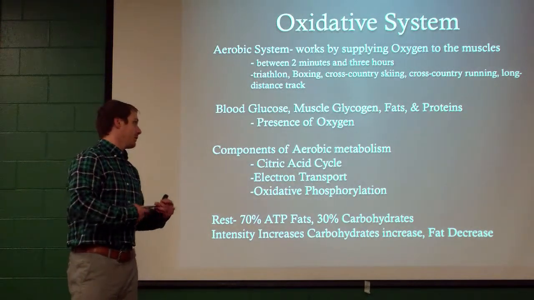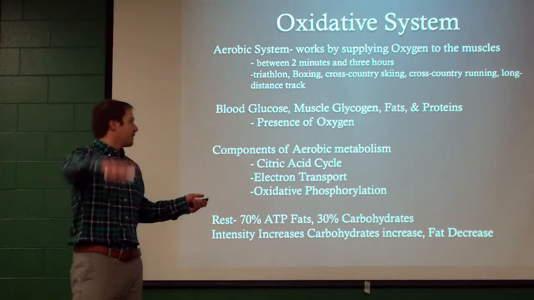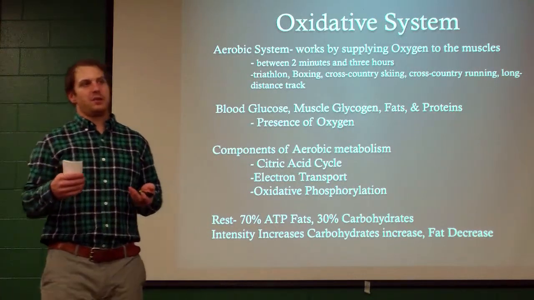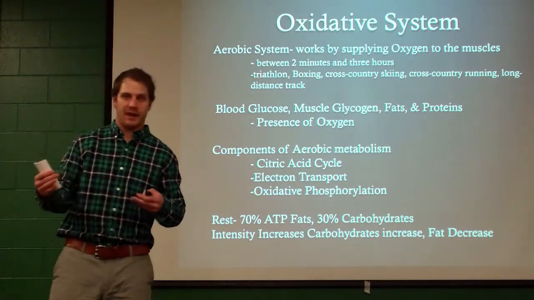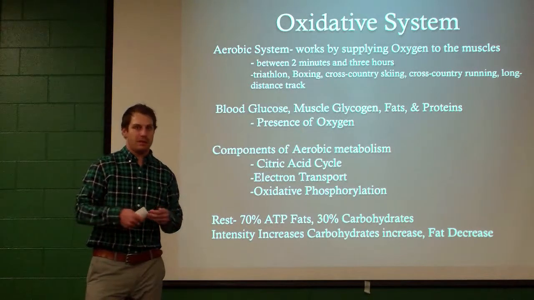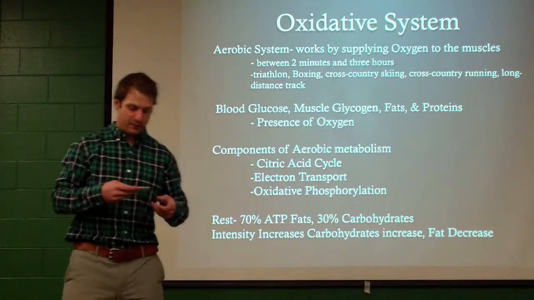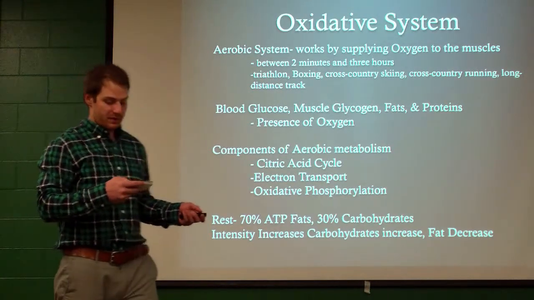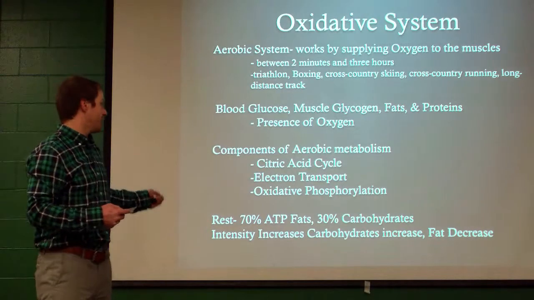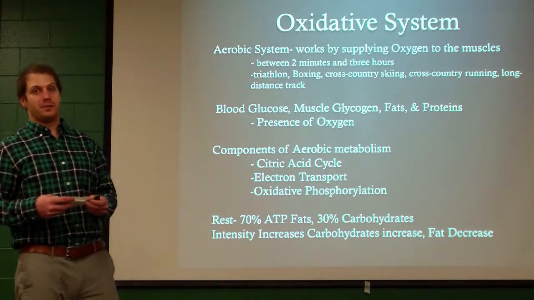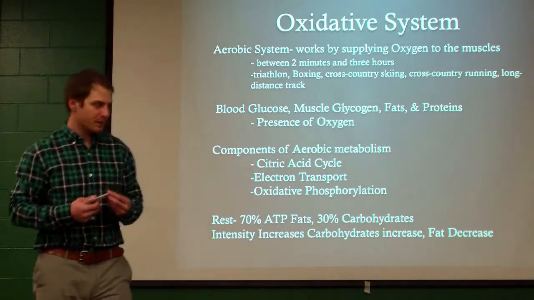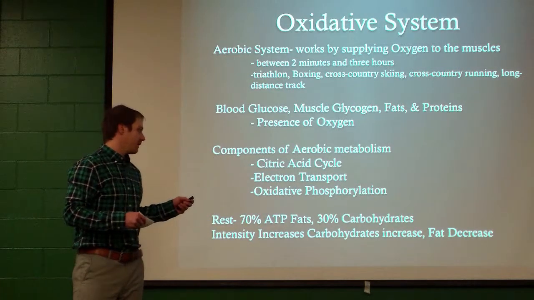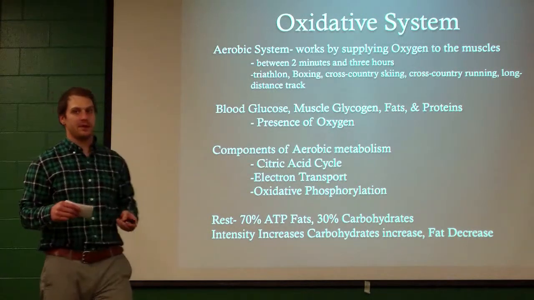And we get this too when we take glycogen and add free fatty acids, you get triglycerides, which are then converted through beta oxidation and cycled into the citric acid cycle for ATP. Usually, when we're talking about the oxidative system, primarily it'll be carbohydrates and fats.